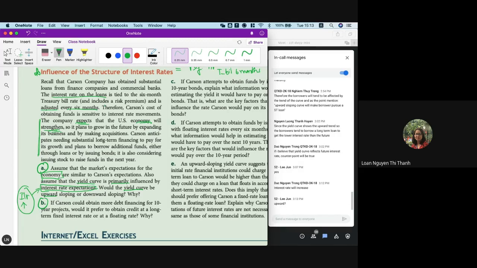Yes, Lizon. If interest rates will increase, we have an upward sloping curve. Rising interest rates.